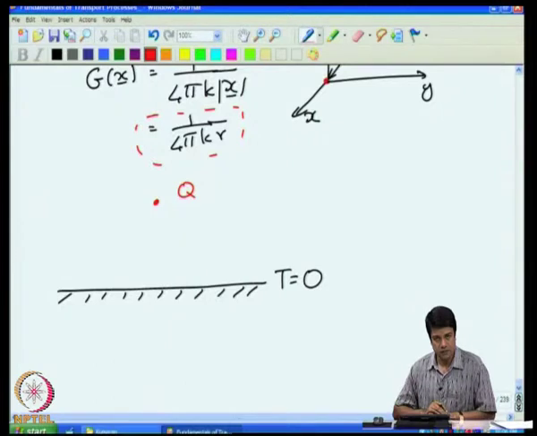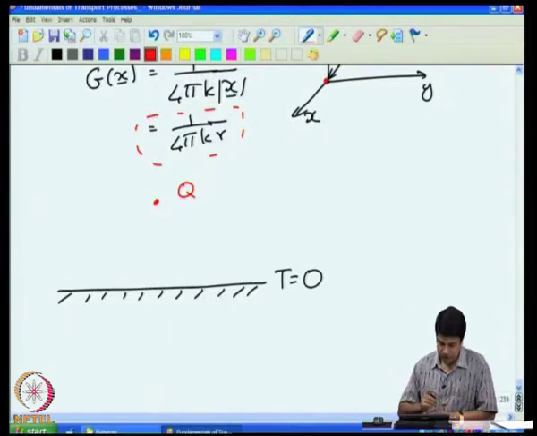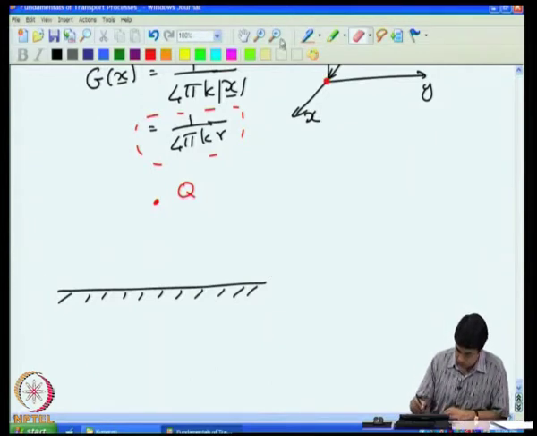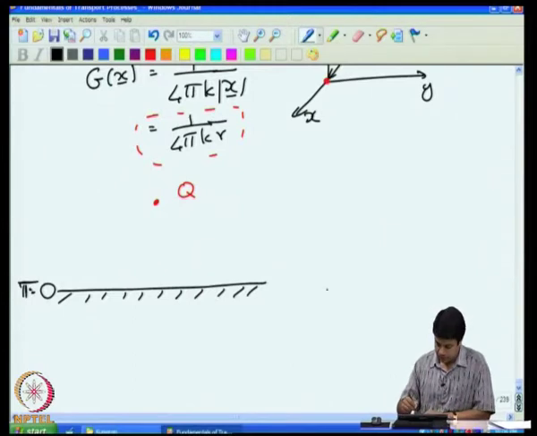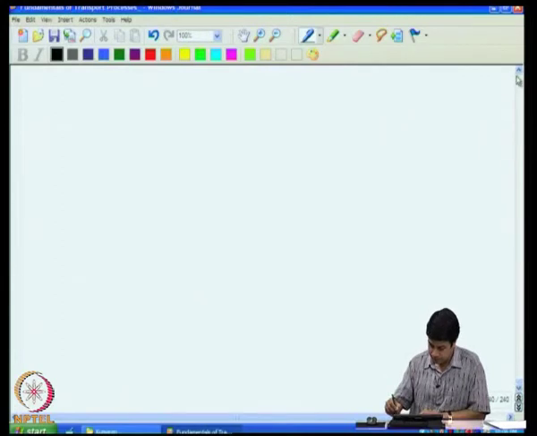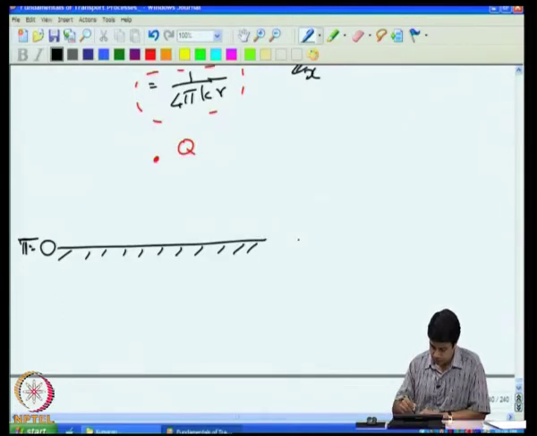Therefore, let us say I have another system where I do not have a wall. So, this wall is not there.